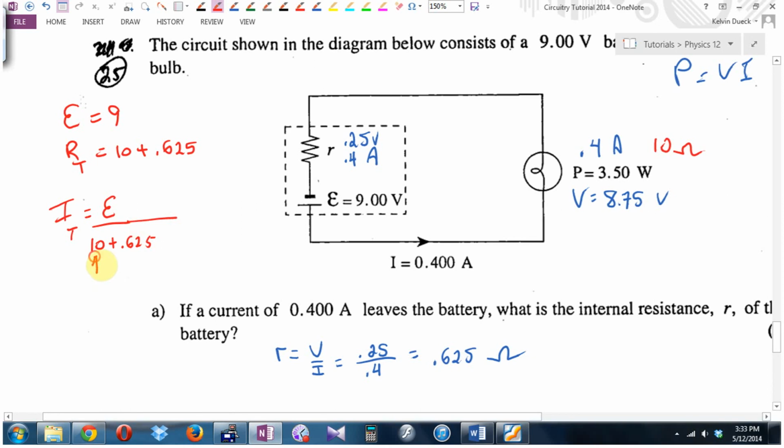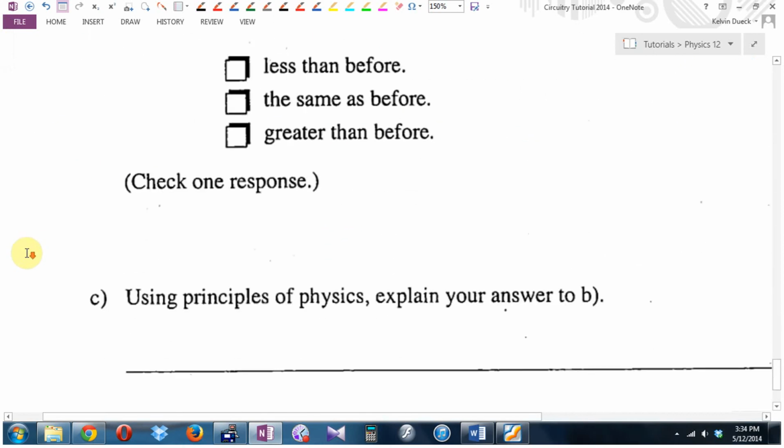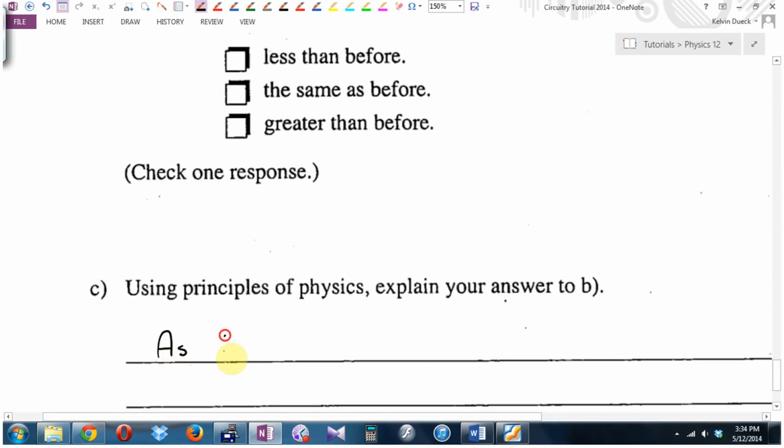As that number gets smaller, what happens to this answer here? It gets bigger.